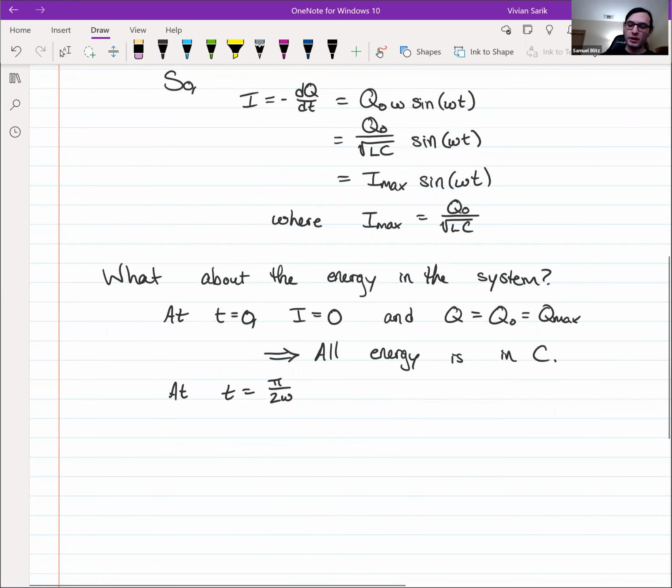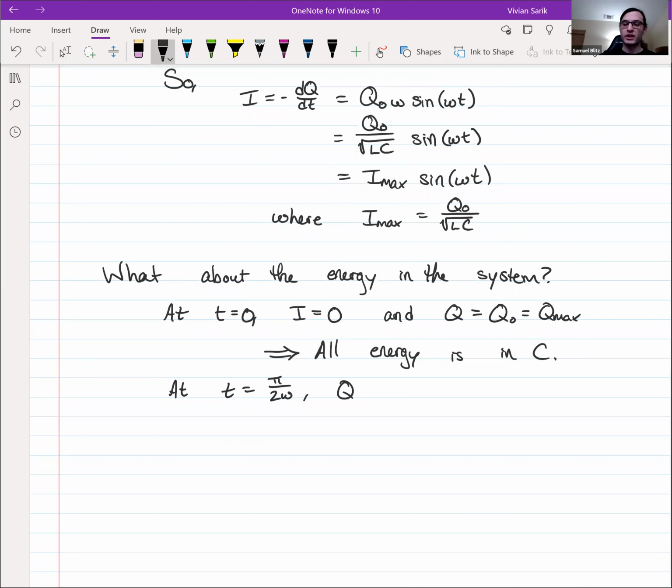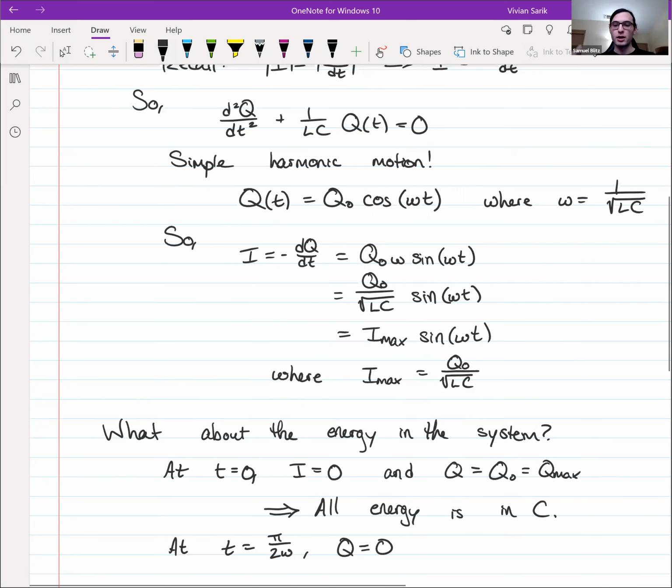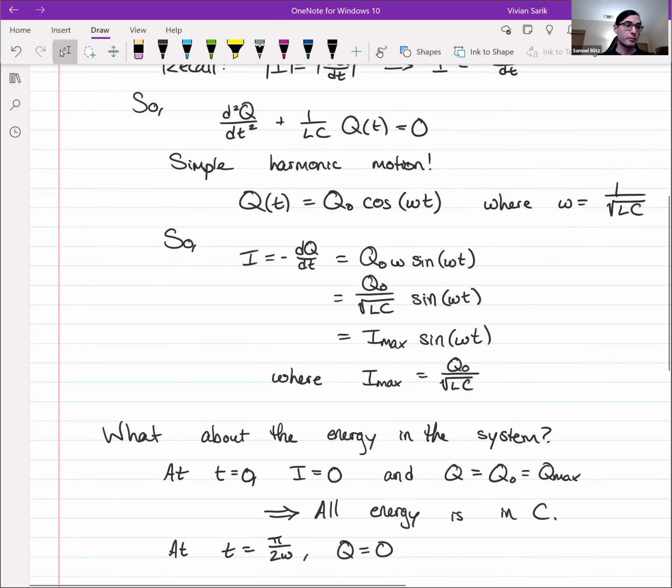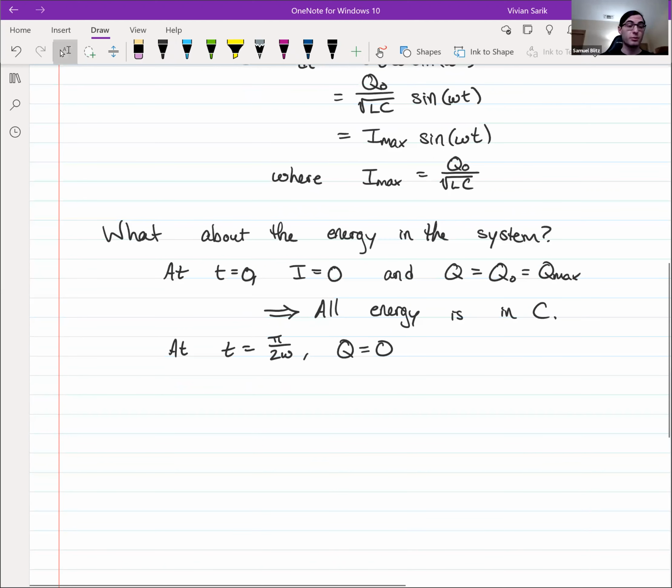We find that the charge is 0, because if you plug that into cosine, you would get cosine of pi over 2, which is 0. And you would find that the current is maximum, I is equal to I max. And so if the charge is 0, then there's no energy in the capacitor, and by energy conservation, all of that energy has to have gone to the inductor. We find that the energy in the inductor is at its maximum value. So that's not surprising.